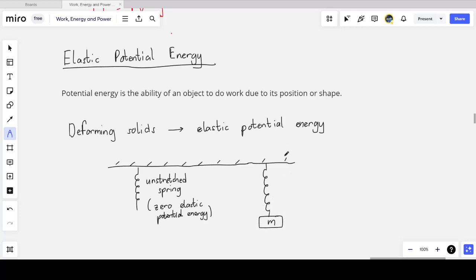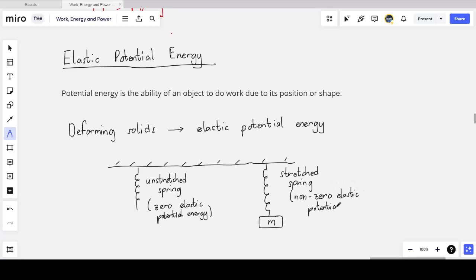And you know from experience that the spring is going to stretch a bit. And so now the stretched spring does have an elastic potential energy. If I remove the mass, the spring will shoot back to its original shape and size. And so it has a non-zero elastic potential energy. Or I could say it just has some elastic potential energy.